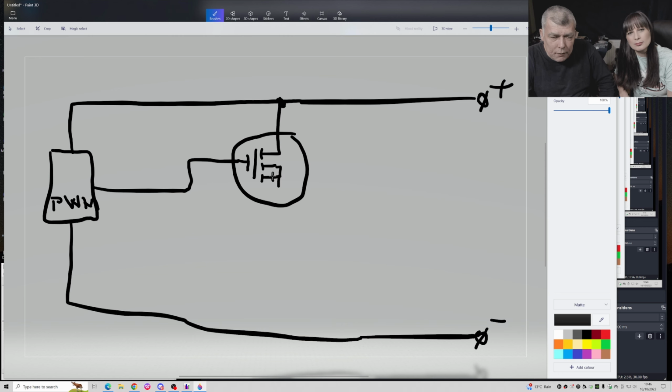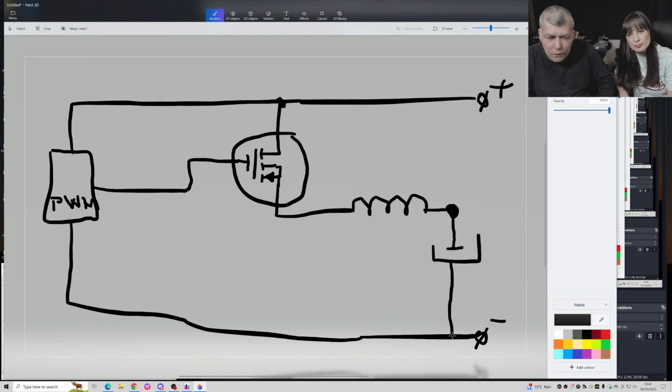We have an N-channel MOSFET, simple, switching this MOSFET. Here we're going to have the coil, and here we're going to have the capacitor. So will this circuit work or not?